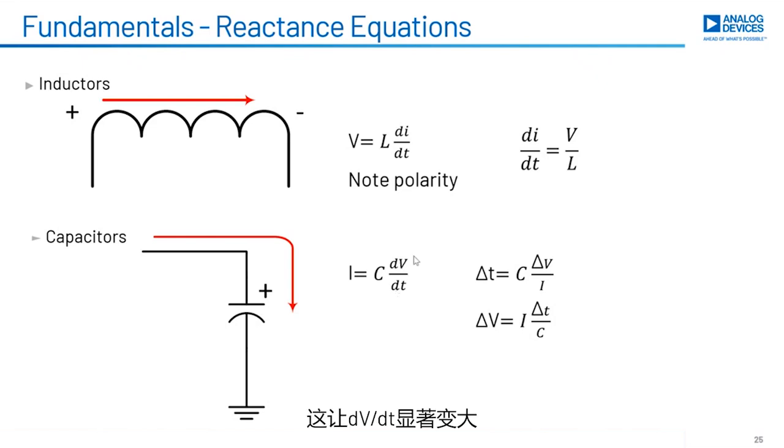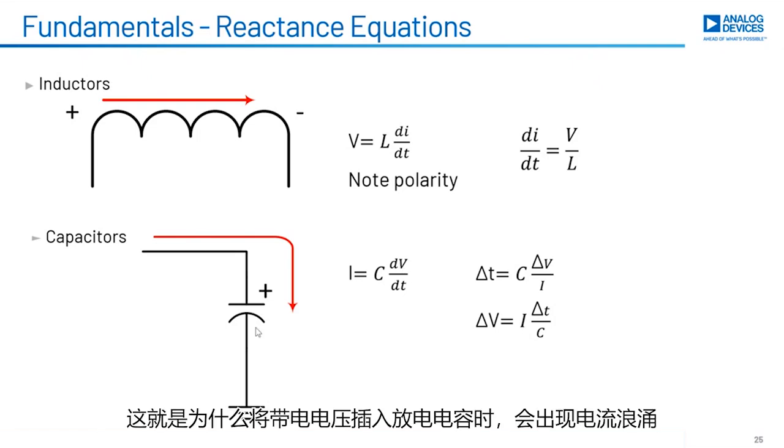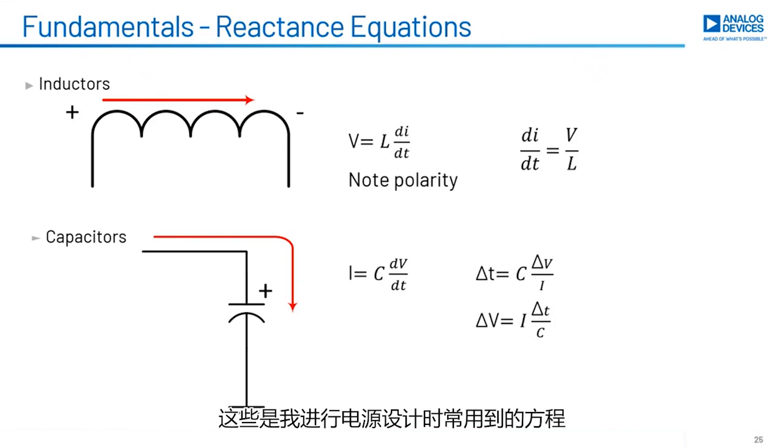So that means dV/dt is a big number, and multiply it times C and you get the current. C is a constant, but if dV/dt is large, I is going to be large. And that's why that current surge happened when we plugged in a live voltage into a discharged capacitor. So these are equations that I use every day for doing power design. So it's important to get comfortable with those.